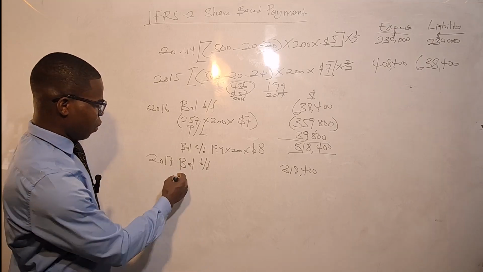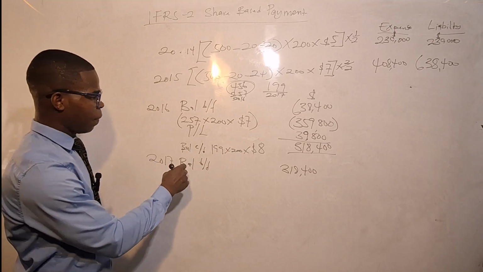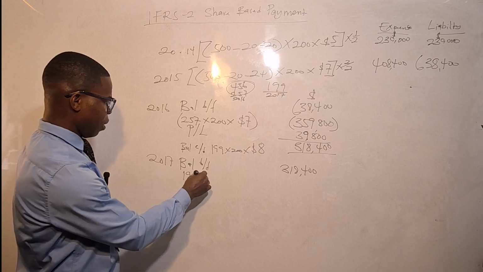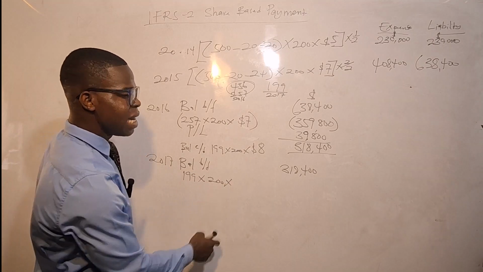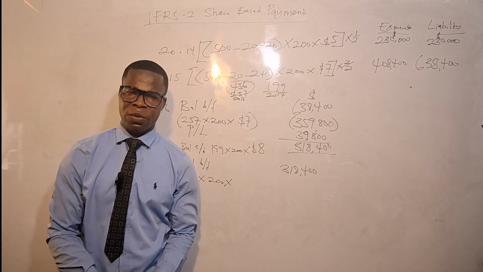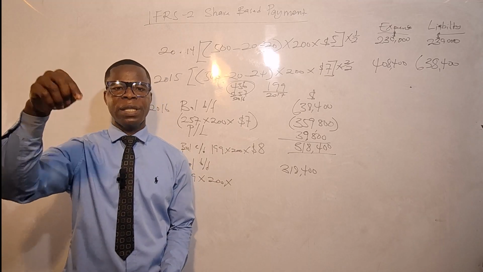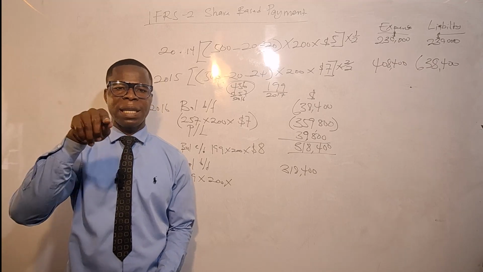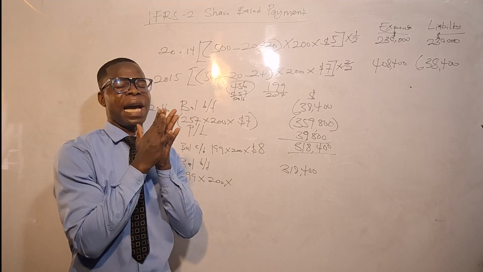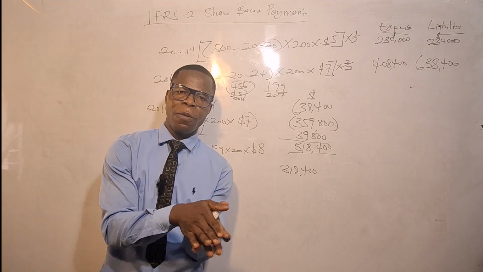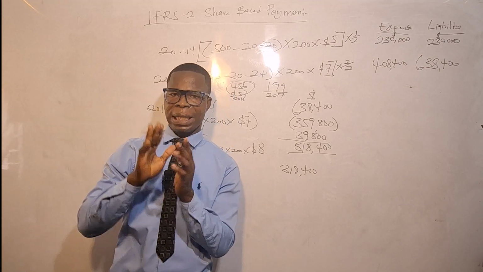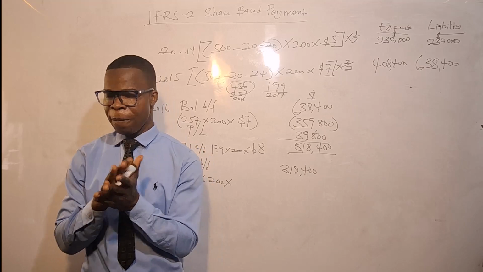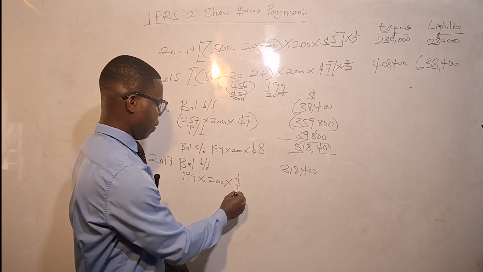For that matter, we are going to take everything away, which is going to be the 199 multiplied by the 200 shares multiplied by the intrinsic value, because they are exercising, so they have to exercise at the intrinsic value. If you look at the last date that all the employees are exercising their rights, the intrinsic value and the fair value of the share appreciation rights are the same. They are all $10.